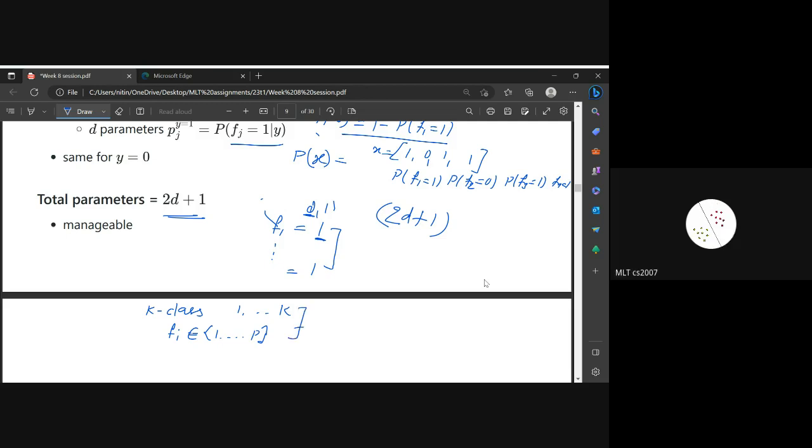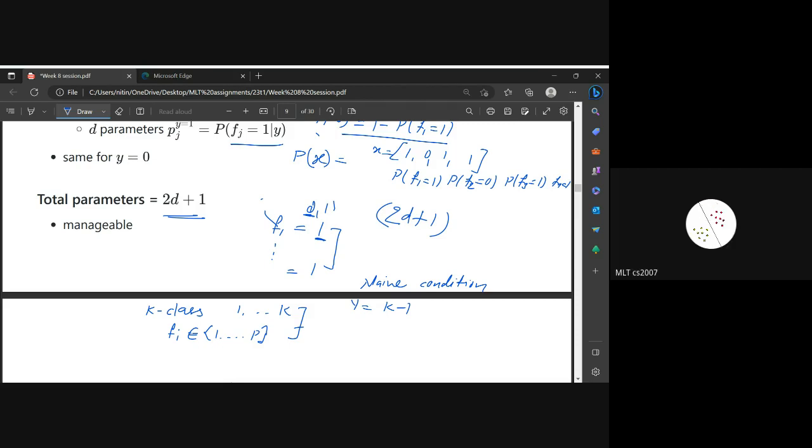And I'm assuming the naive condition, which means that given the k labels you have conditional independence. So for the prior it is k minus one parameters, and then for each class you have to estimate d parameters.